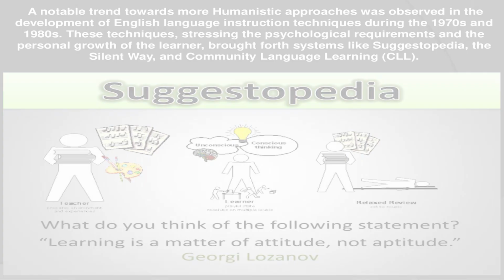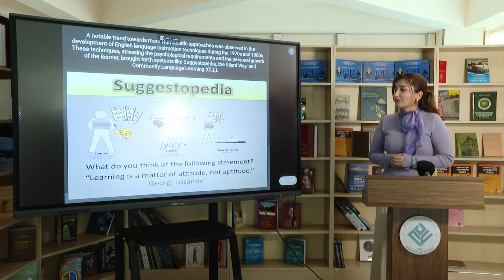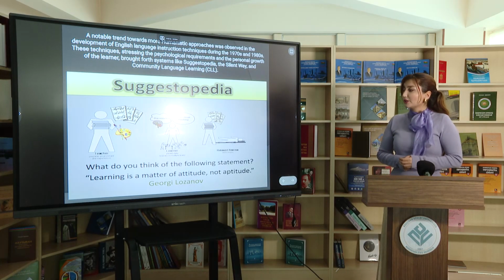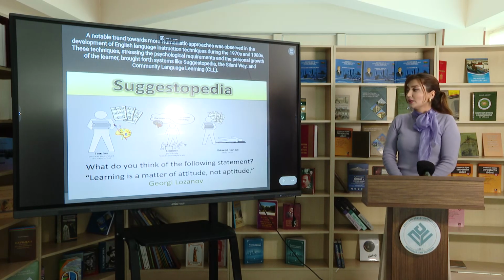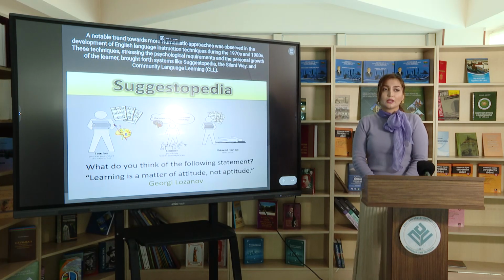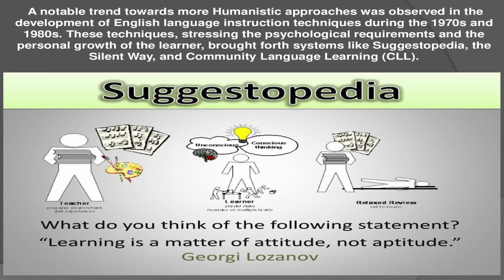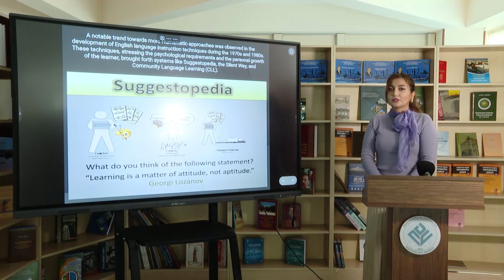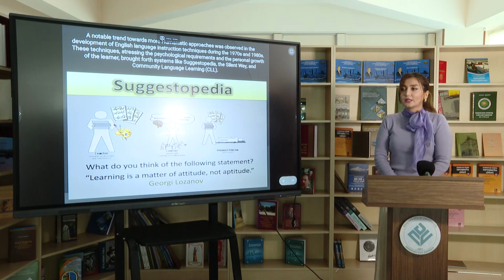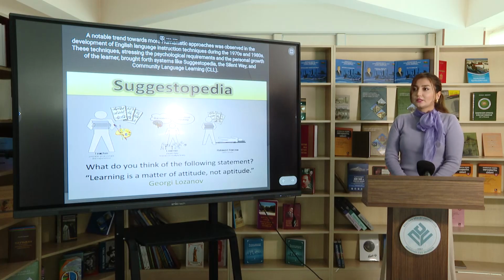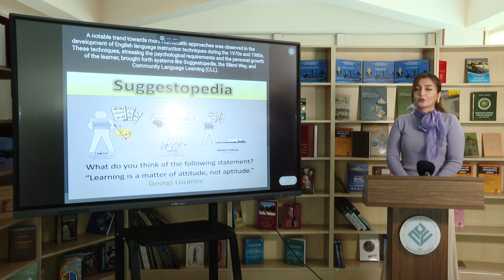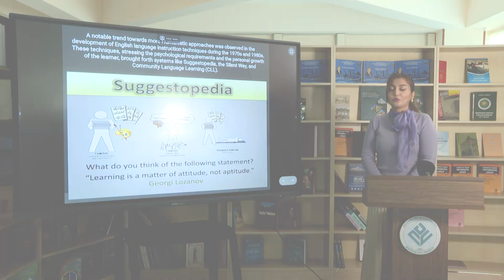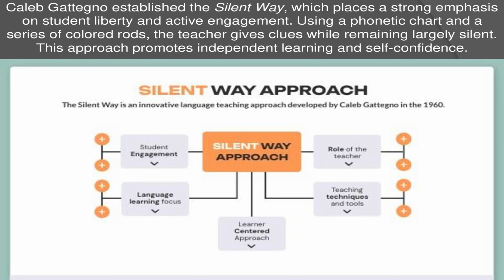Suggestopedia is one of the humanistic approaches, and it was created by Georgi Lozanov. Georgi Lozanov emphasized that learning is a matter of attitude, not aptitude, because Lozanov thought that psychological obstacles can interfere with students' learning process, and teachers must create a useful and comfortable environment for students using music or art or theater.